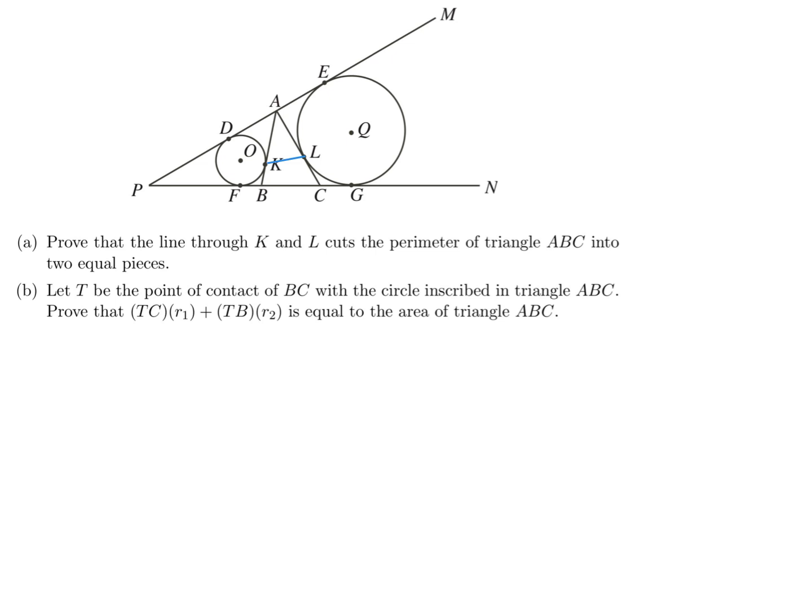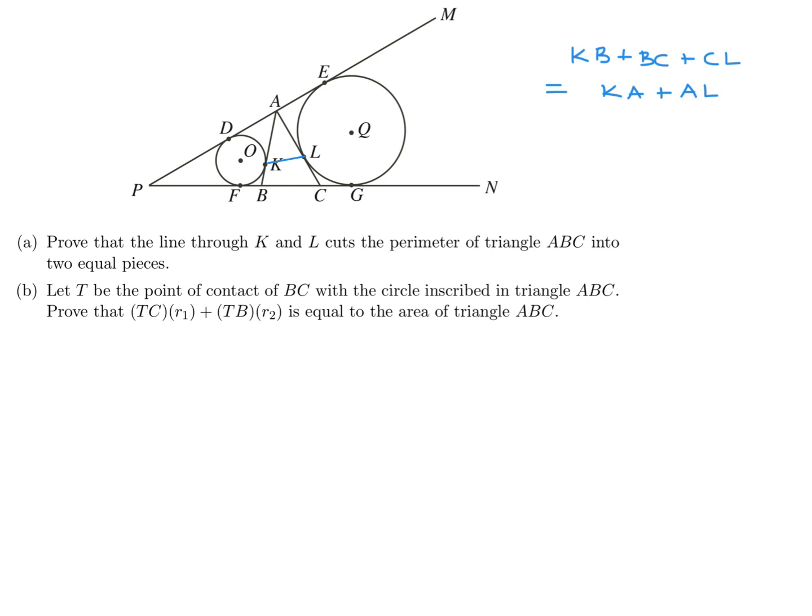And then they basically are telling us that once you do, KB plus BC plus CL, that part of the perimeter, is equal to this part because it's cutting the perimeter in half. So that would be what? KA plus AL. So this is what we're trying to prove in this question. Okay.